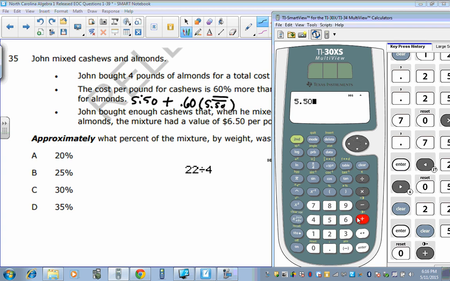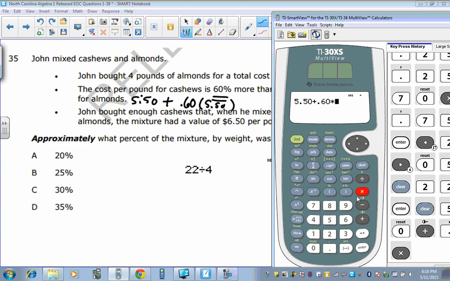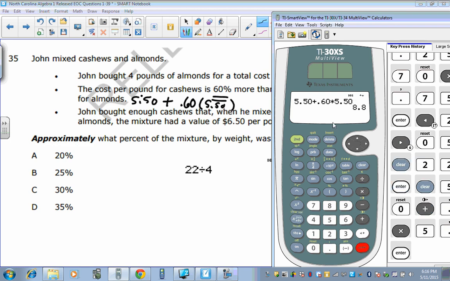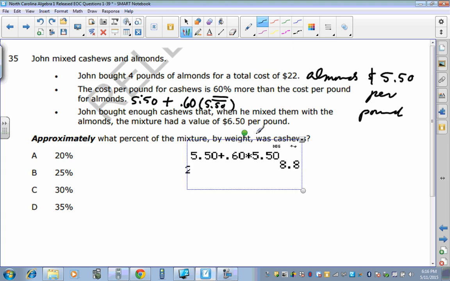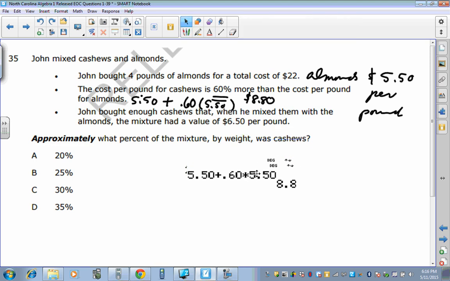And then cashews are 60% more. Okay, so those things are $8.80 per pound. I won't be buying too many of those.